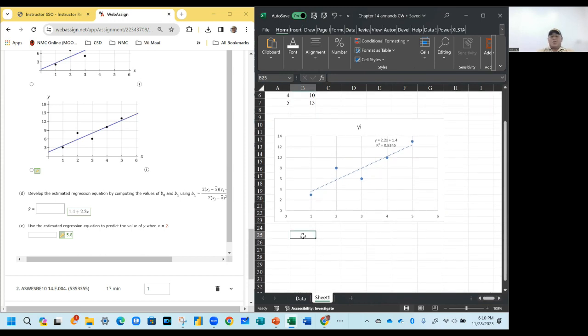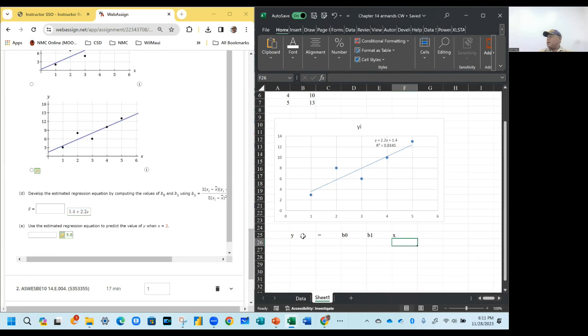So I could come here and say y equals, and then your beta 1, and then beta null, right? And then beta 1, and then x, no?